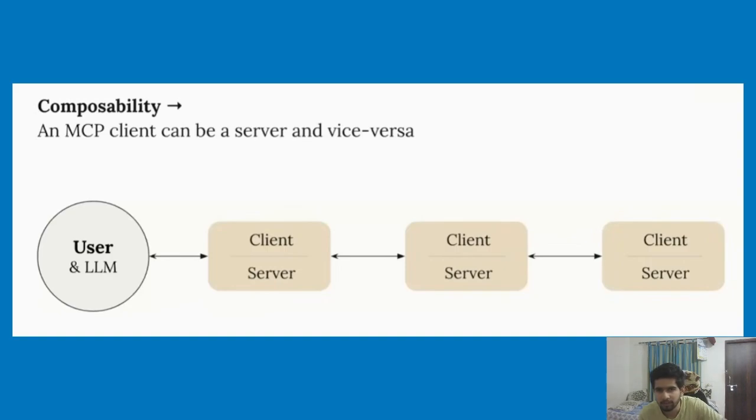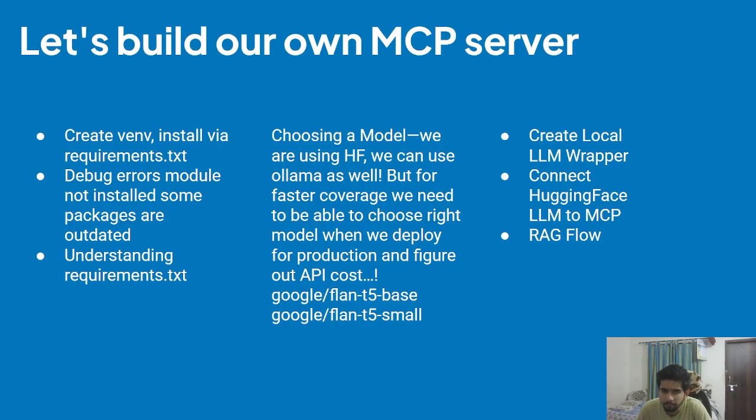Whatever output I am getting from a particular client, I can use as an input to another server, and whatever output that server gives out would be acting as a client. So it can be bidirectional. This is what is unique in MCP.